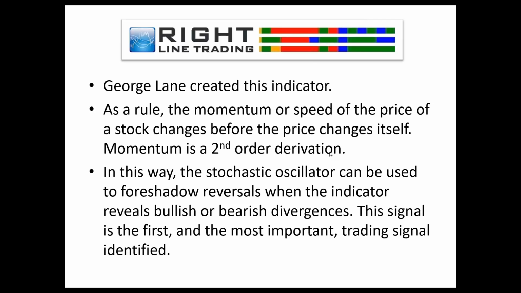Now, it's really important to understand that momentum is a second order derivation. And I think the best way to understand momentum is through this analogy. If you take a race car moving around a racetrack, and it's moving at a constant speed of 150 miles an hour, its momentum is constant.